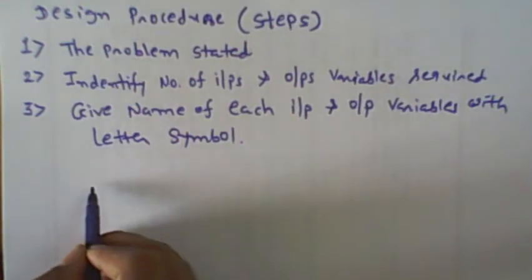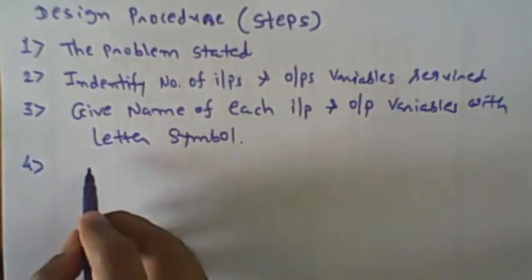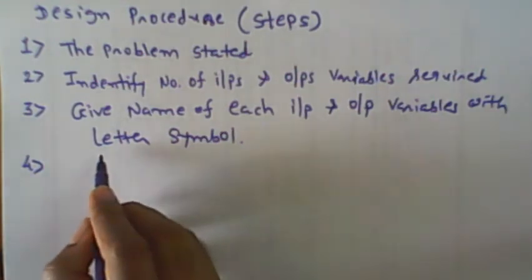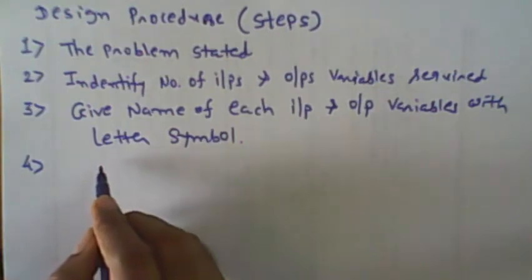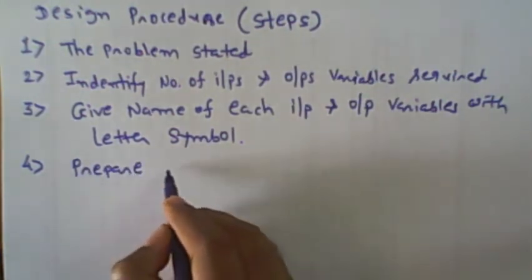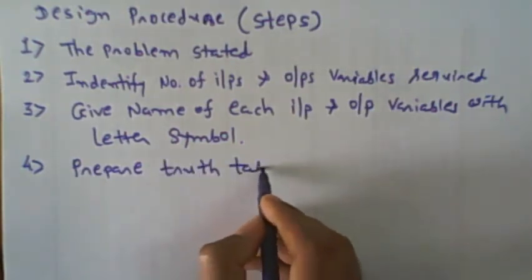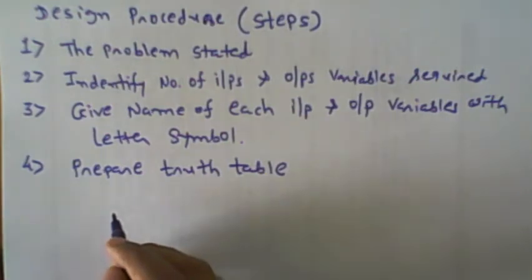The fourth step, after giving the inputs and outputs a letter symbol, is to prepare a truth table, which shows the input and output relationship as per the problem statement.